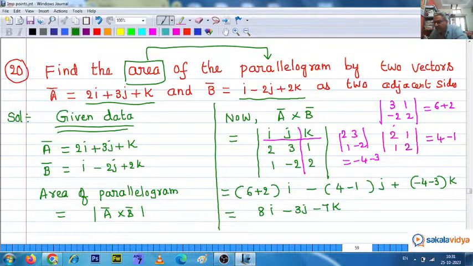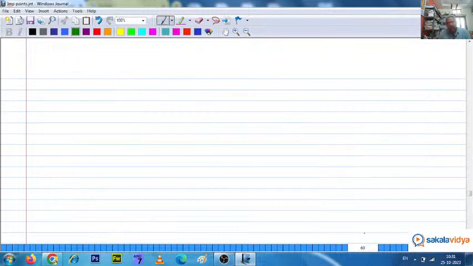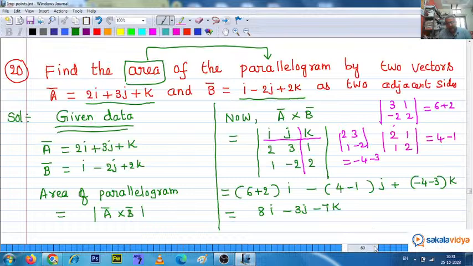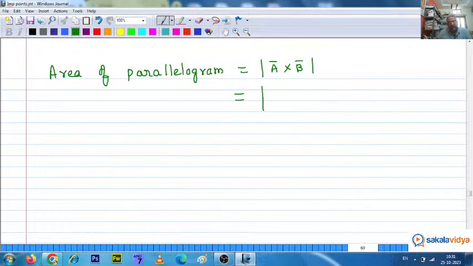Now, what shall we do here? We need to find the modulus of A cross B. Therefore, the area of the parallelogram is equal to the modulus of A cross B. Let us substitute A cross B. What is A cross B? 8i minus 3j minus 7k.